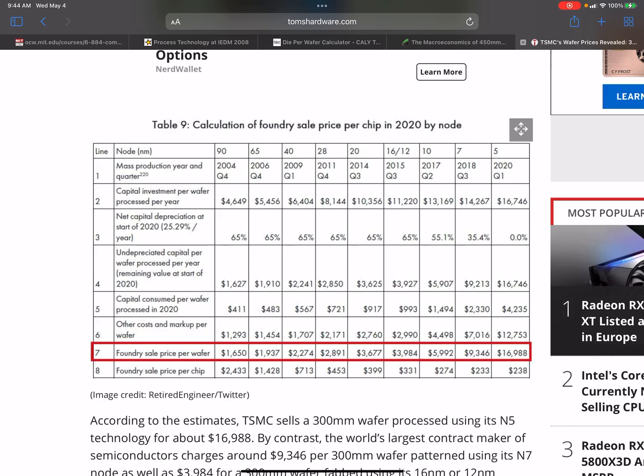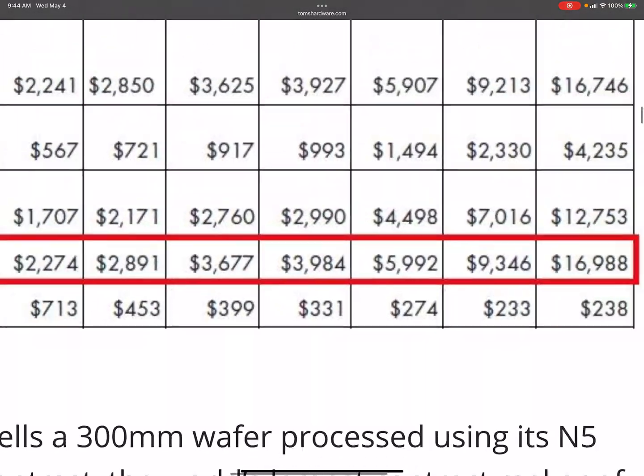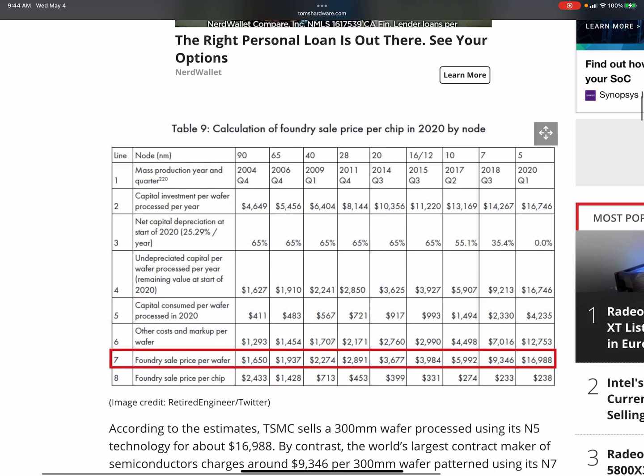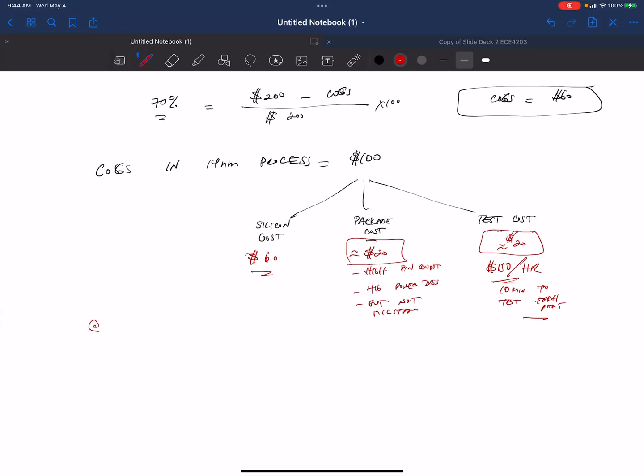If I look at this, I see 16 or 12 nanometers, so 14 nanometers in the middle there. So I'm going to use the same number, $3,984. Okay, this is this middle guy. So let's say approximately $4,000 per wafer. I'm going to assume at 14 nanometers we're going to have to pay $4,000 per wafer.